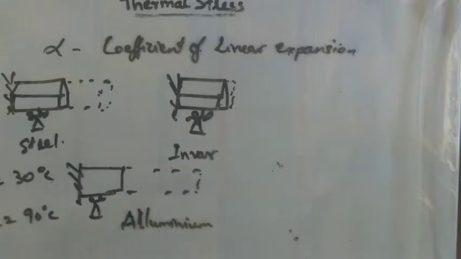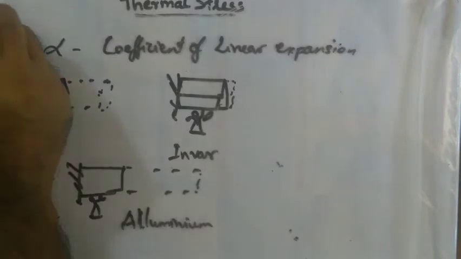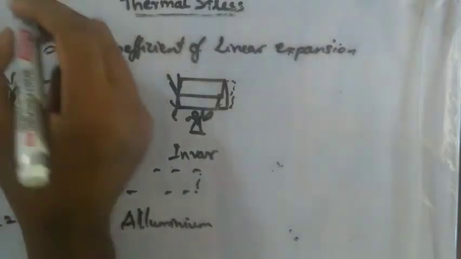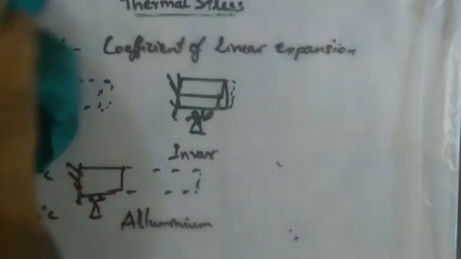Why are the materials expanding to different extents when there is a change in temperature? Let the same change in temperature, T1 be 10 degrees Celsius and T2 be 60 degrees Celsius.